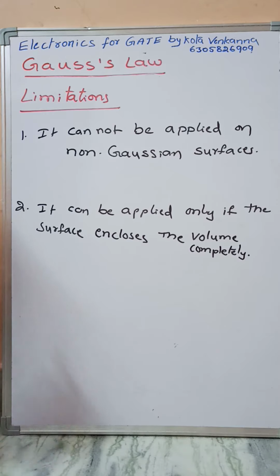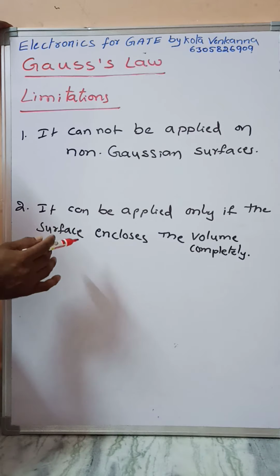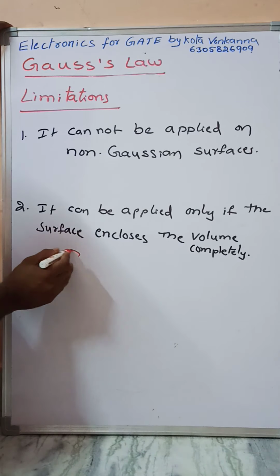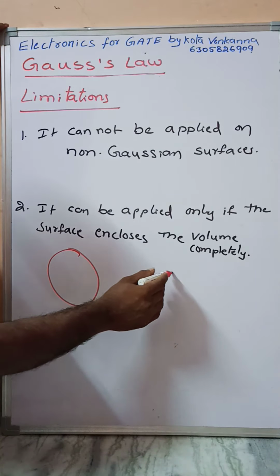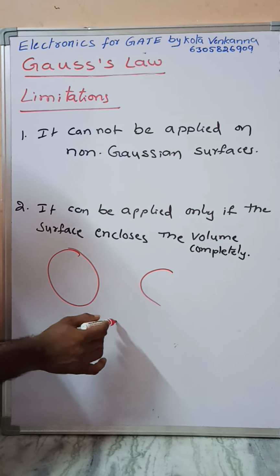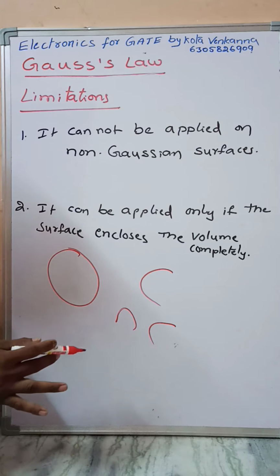And the second one is that it can be applied only if the surface encloses the volume completely. If the volume is completely enclosed, then Gauss law is applicable. And if the volume is not completely enclosed, like this and like this and like this, then Gauss law is not applicable.